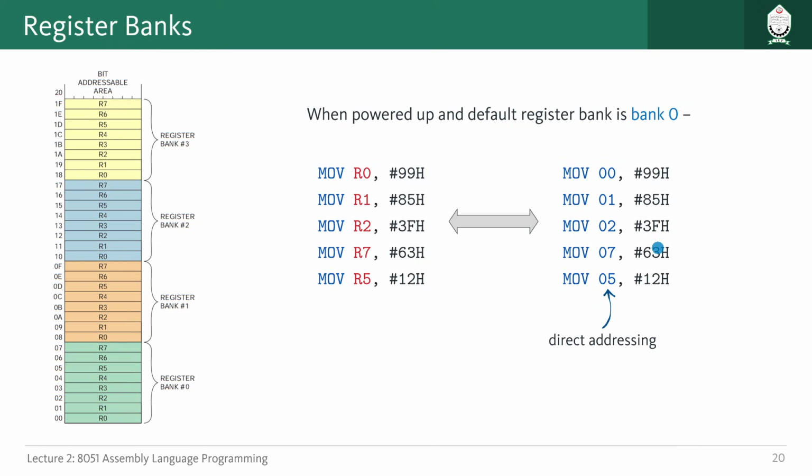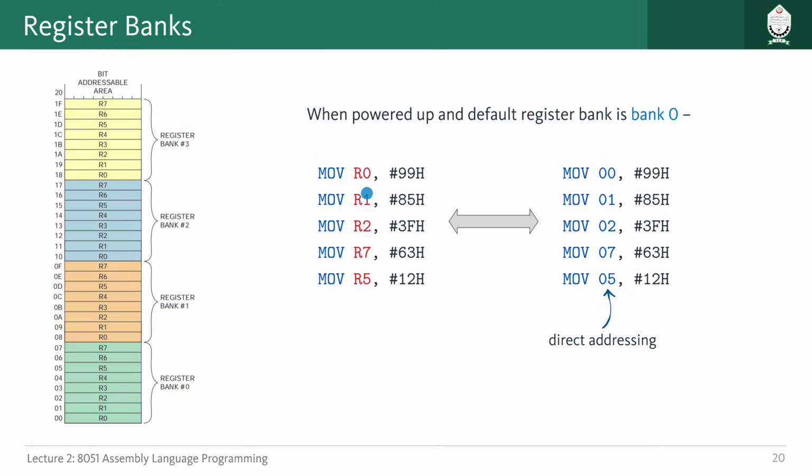I think we can see that very soon, but before that, just look at a condition where register bank 0 is selected. Let's say our 8051 microcontroller has just started up and the default register bank 0 is selected. In that case, if you use this kind of programming with R0, R1, R2, you can store different values onto different registers.